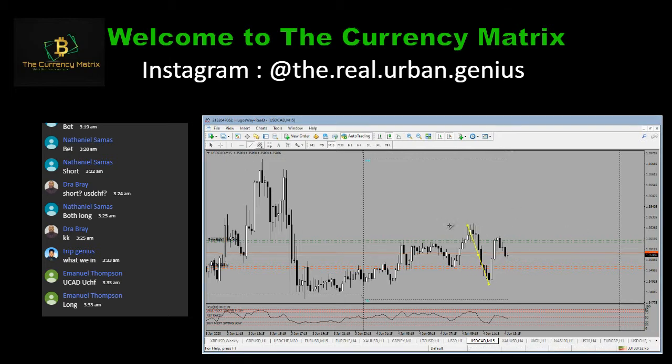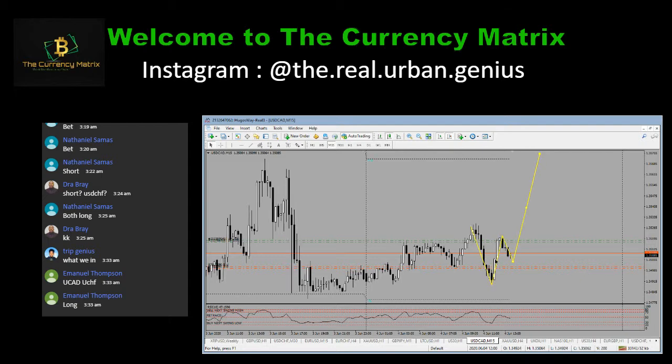I want you guys to see this as I trace it. That's what this is, the exact move I'm expecting on the USD CAD.